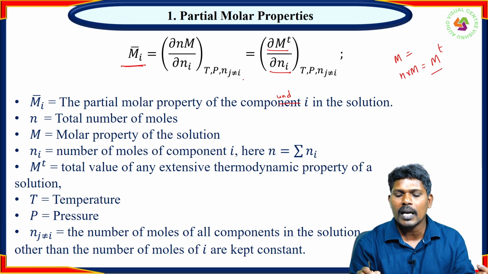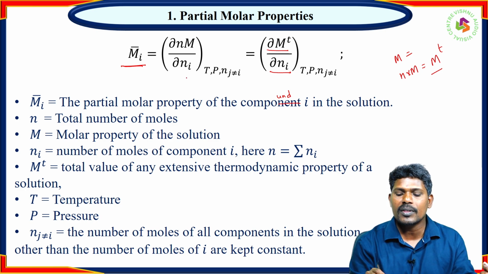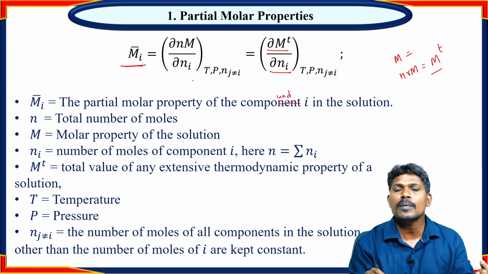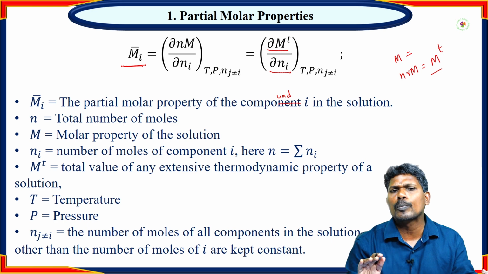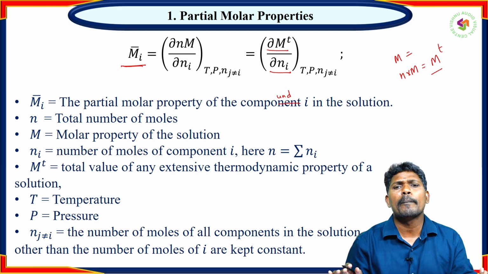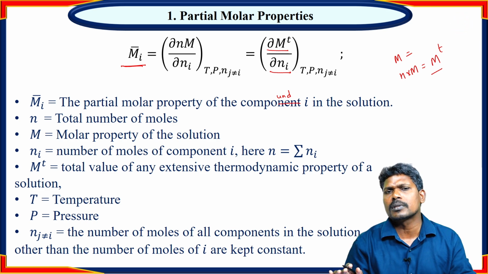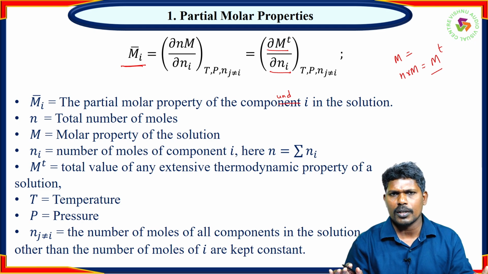Here at constant temperature and constant pressure, n_j not equal to i means apart from i, because we are finding the partial molar property of a compound with respect to the change in number of moles of that particular compound. In that case, all other compounds' moles are kept constant. Temperature is kept constant, pressure is kept constant, and the moles of all other compounds in that mixture are kept constant.